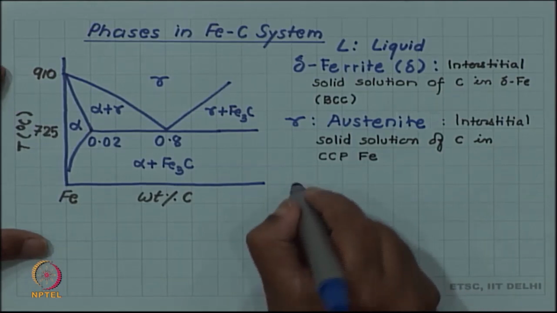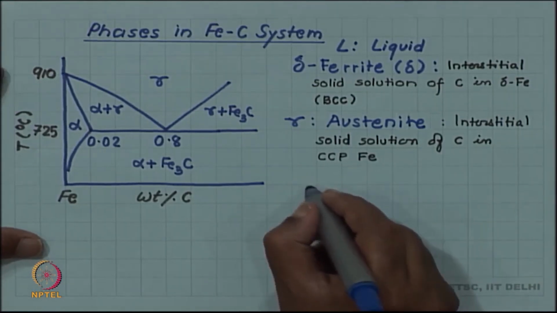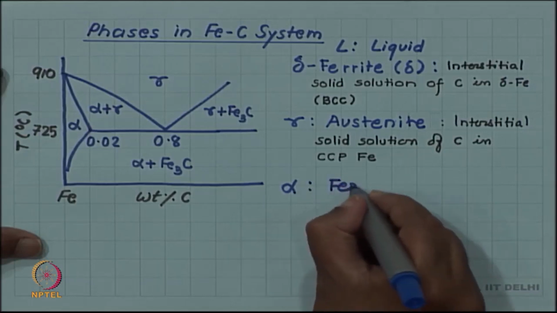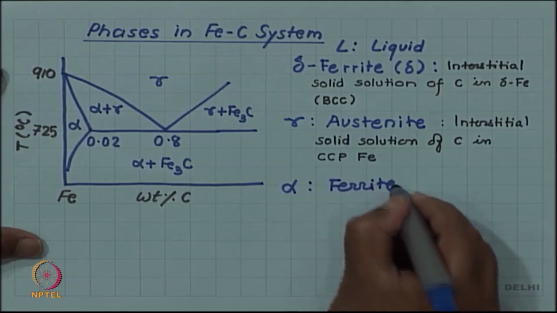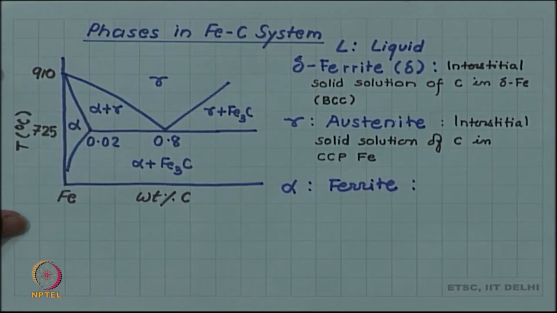Then you have alpha, which is simply known as ferrite. This is in the lower part of the diagram here, that is the region of alpha.